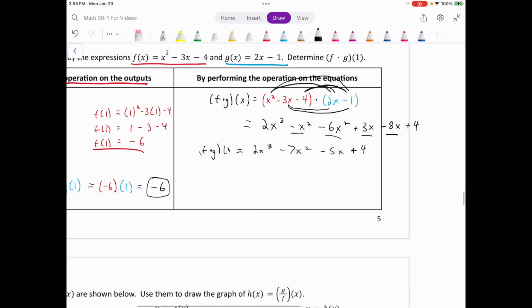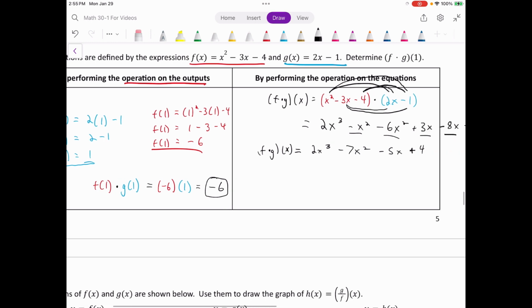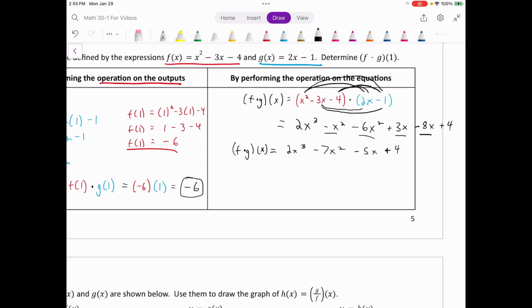And now we're going to use that equation to figure out what f times g of 1 is. Now we know what f times g of any x is going to be. Let's figure out what f times g of 1 is. Just like any function, that just means we're inputting 1 as our x.